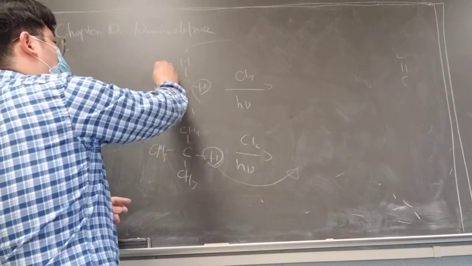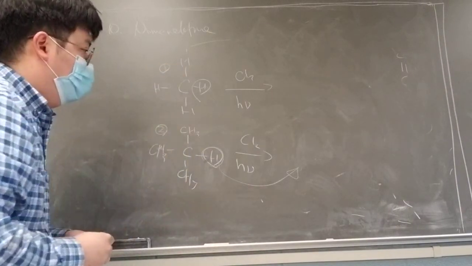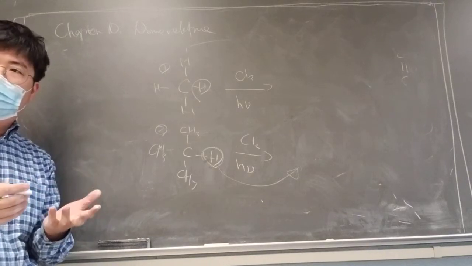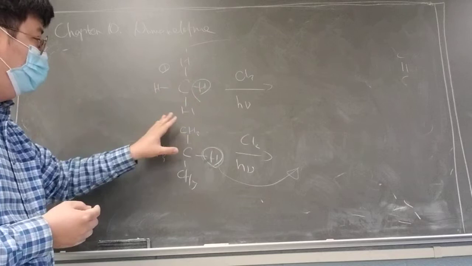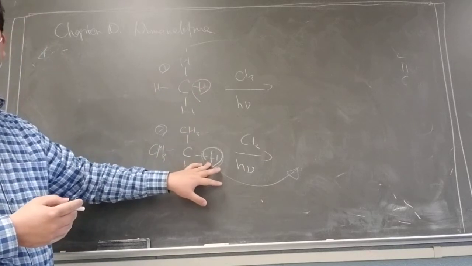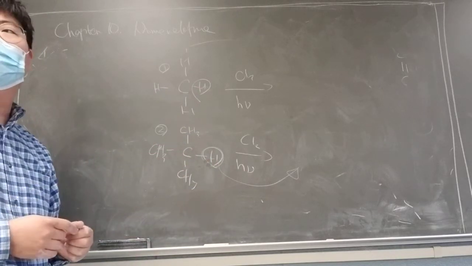So if it's number 1 or number 2, you need to choose number 2 for that specific position with the hydrogen. We're not sure about the others, but for the specific position you should know, because we just found this.